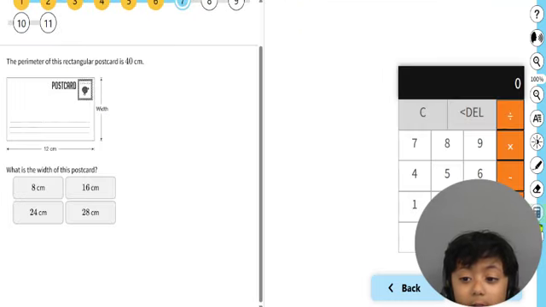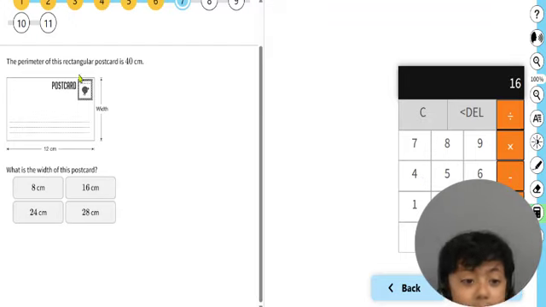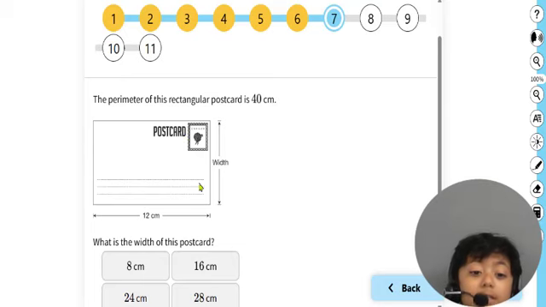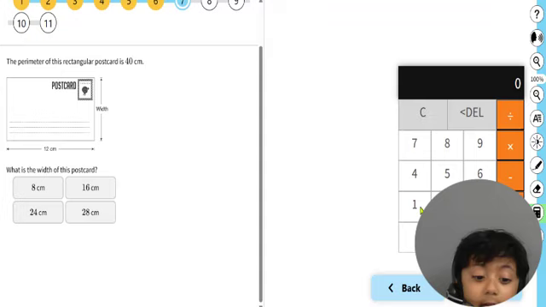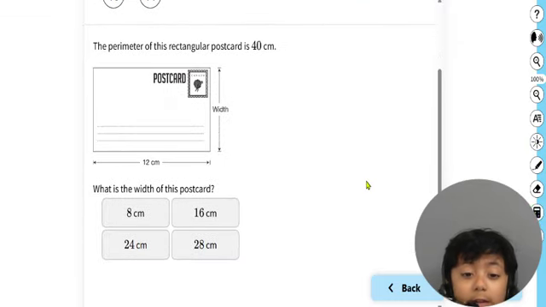And 40 minus 24 gives us the remaining centimeters of these two sides combined, which is 16. They're the same size, so we just divide 16 by 2, which is 8. The width of this postcard is 8 centimeters.